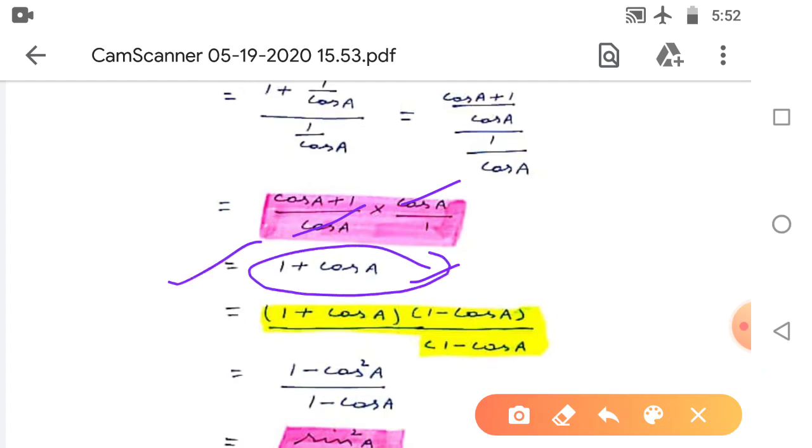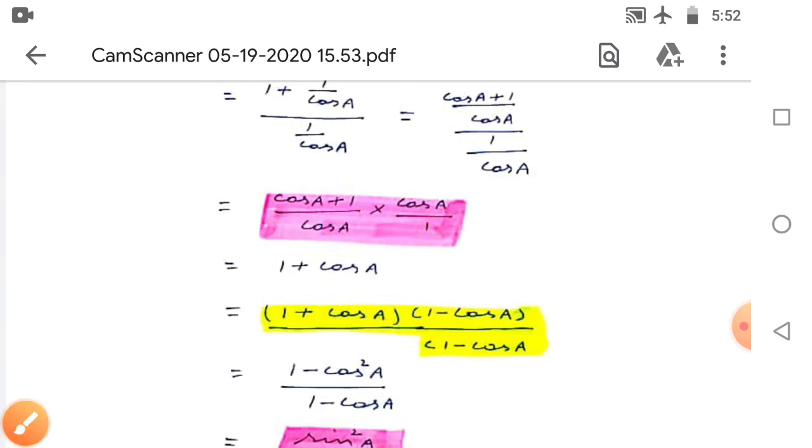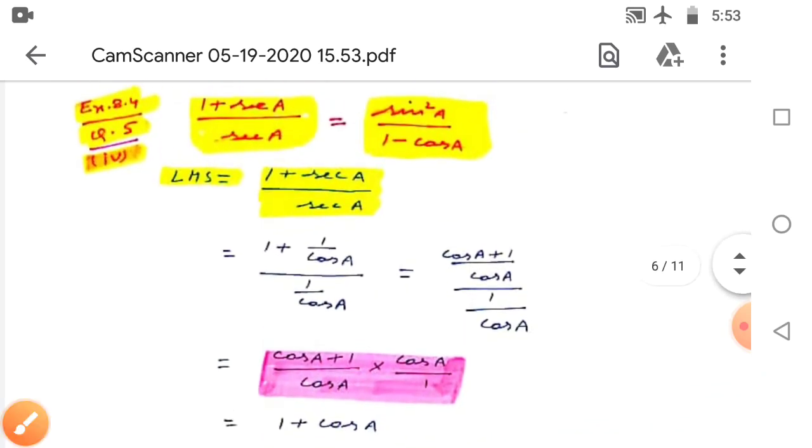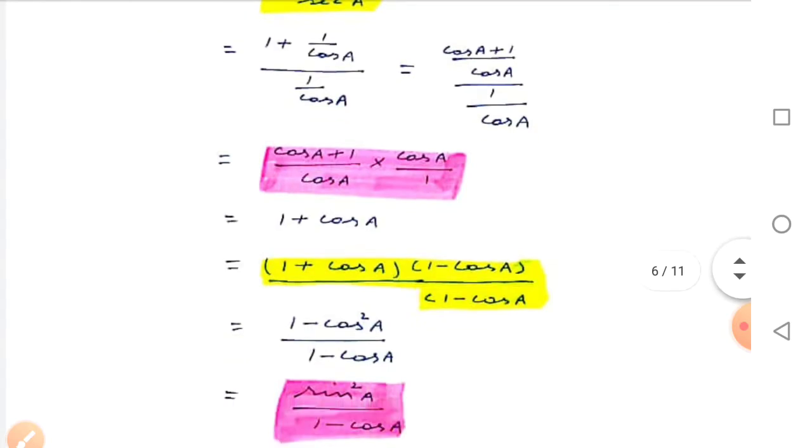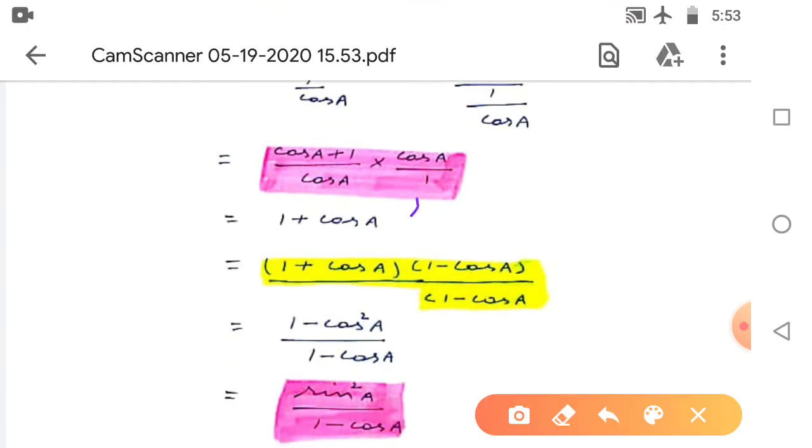Now do one thing, look at here. I told you keep in mind the RHS. The denominator of the RHS is 1 minus cos A, right? But here there is no denominator. We have 1 plus cos A only. So what we do?